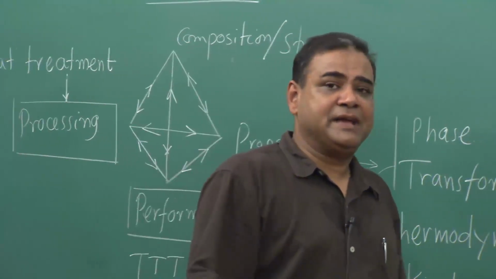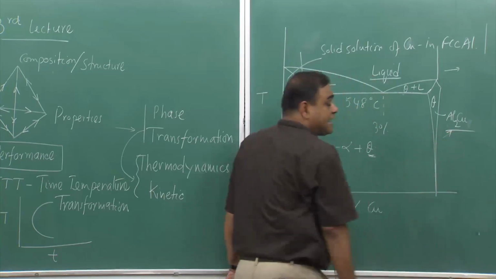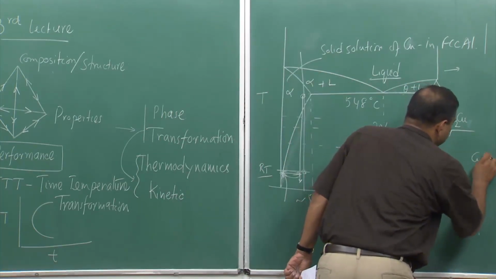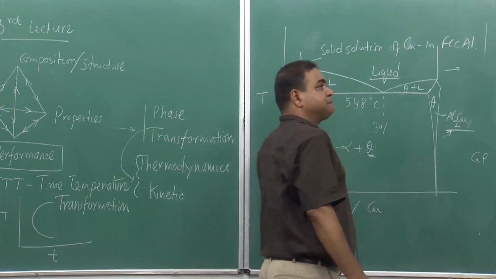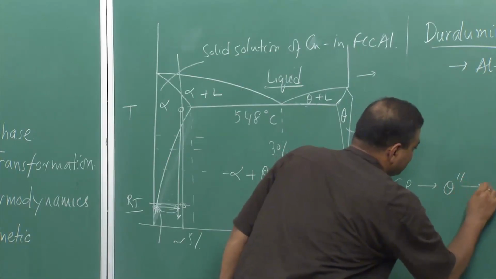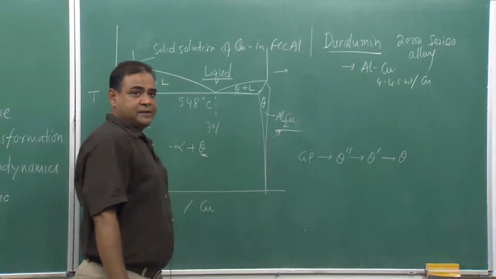And the precipitation does not happen directly; rather it goes through several phases, starting from GP zone, which is Guinier-Preston zone, to theta double prime, to theta prime, and finally the equilibrium theta phase.